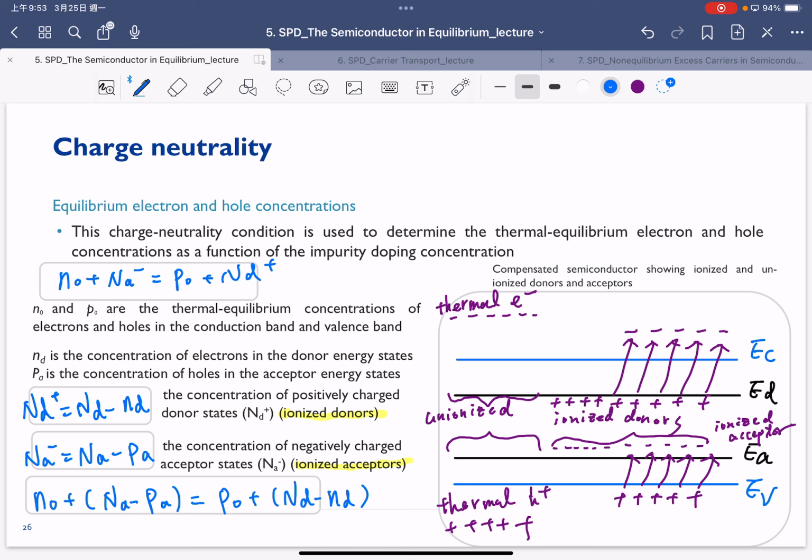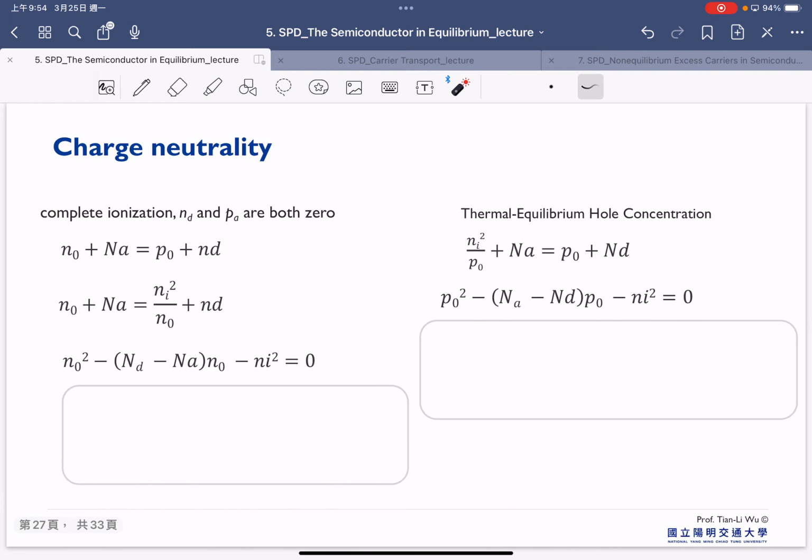And since we have to consider further calculation, we will start to simplify the case. So right now we consider the case of complete ionization.